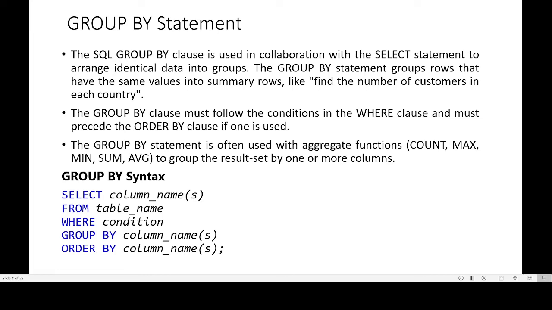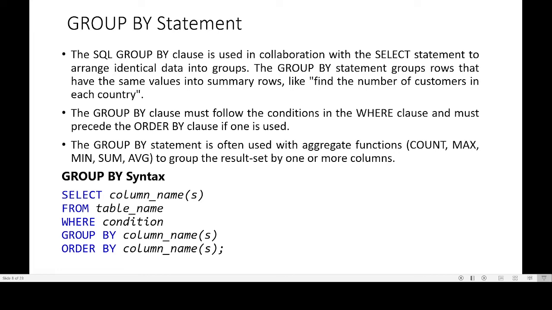Suppose in a table you have various customers, the names of customers and the customers from different countries. We can actually group the customers belonging to a particular country. So that is an example where we can use the group by statement.